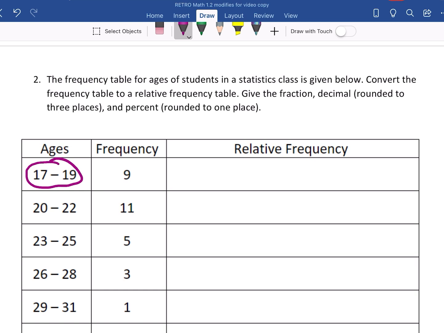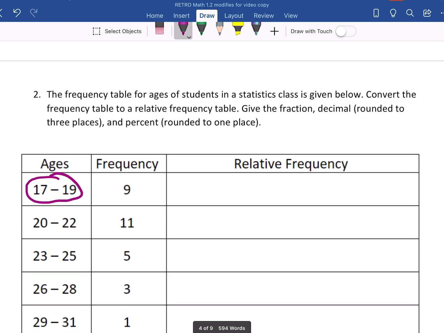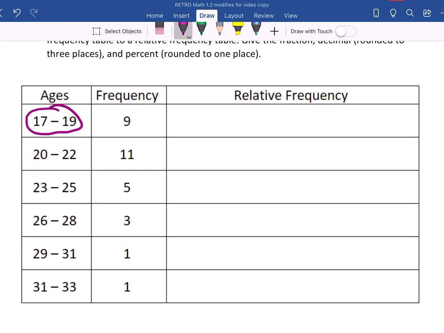That's a class. This is a table of ages of students in a stats class. There were 9 students. There were 11 students that were 20 to 22 years old, and so on.